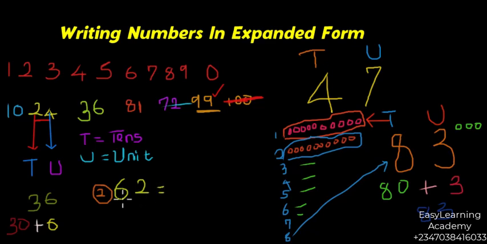The 6 here is 6 tens, and that will give us 60. And the 2 is in units, and that will give us 2 units. So that's the expanded form of 62. That's 60 plus 2.